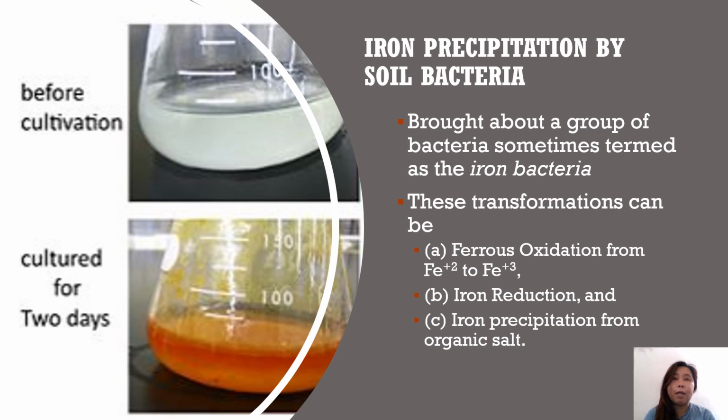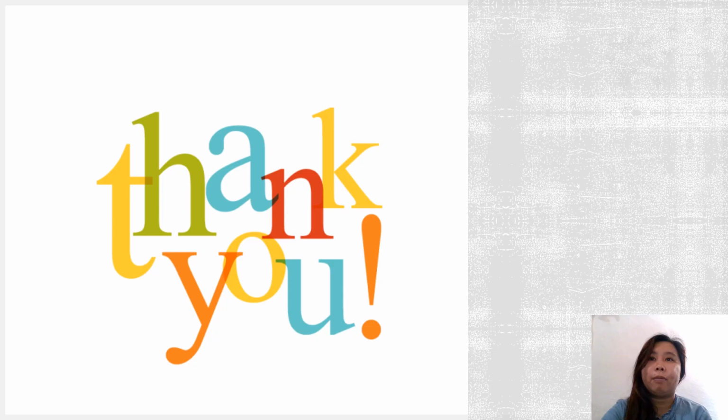These transformations involve ferrous oxidation from Fe2+ to Fe3+, also iron reduction, and iron precipitation from organic salt. So those are the microbial processes that are happening in the soil.